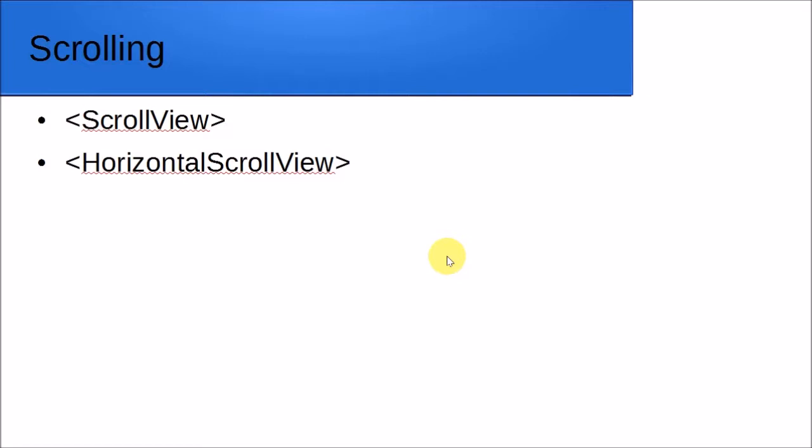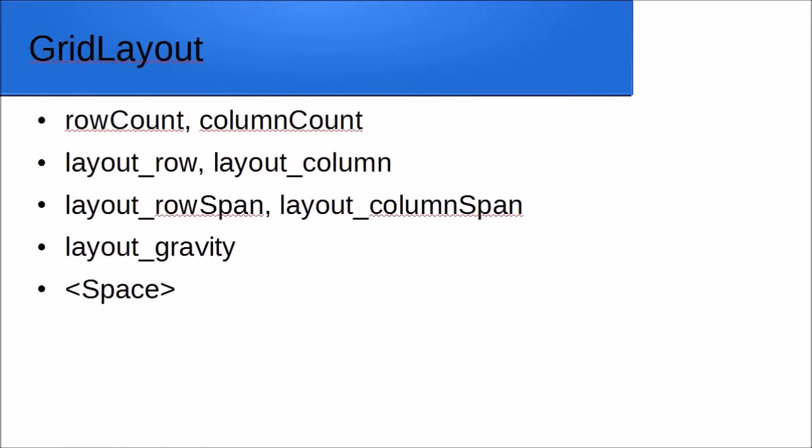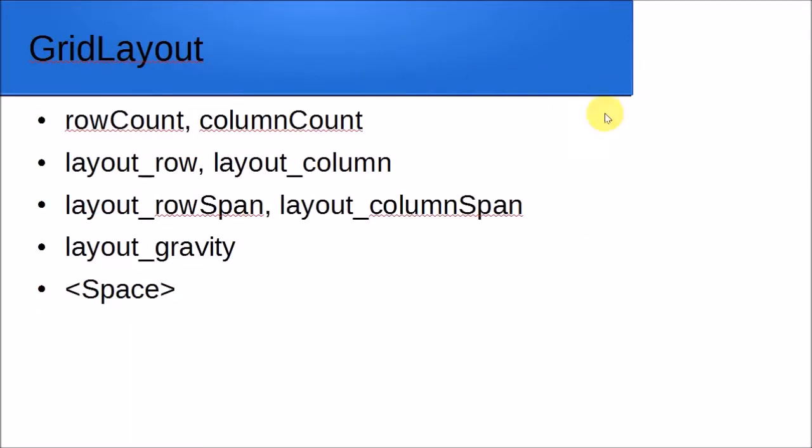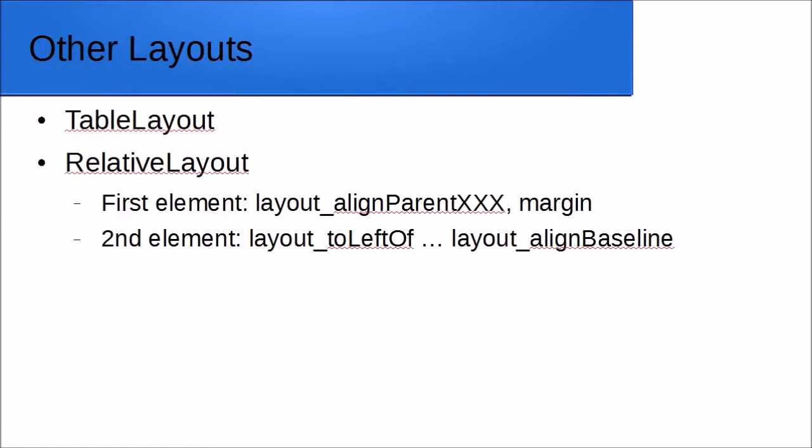So scrolling is a way to deal with different screen sizes, and there are a lot of screen sizes in Android. Then I'll talk about grid layout. Like I said, the only two layouts I think you really need are linear layout and grid layout. And I'll pay some lip service to some other layouts too, because they're important in their own ways.